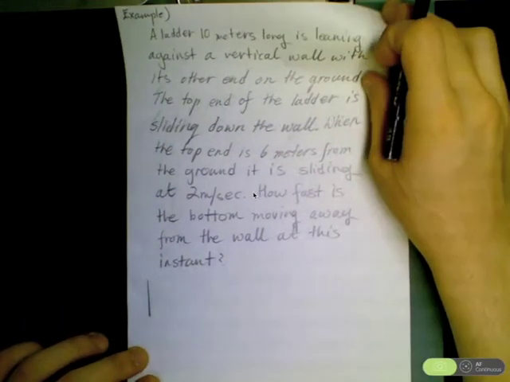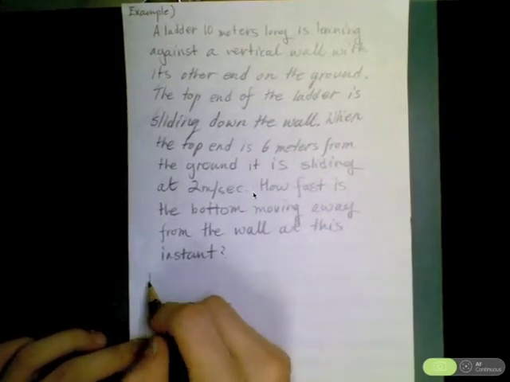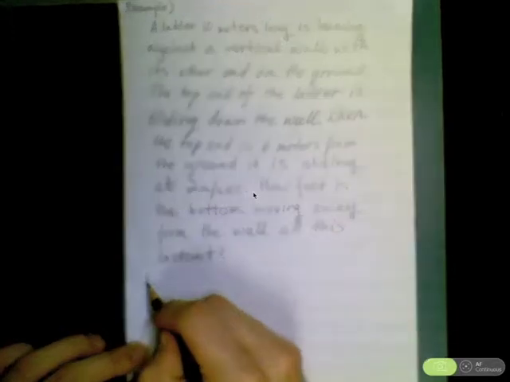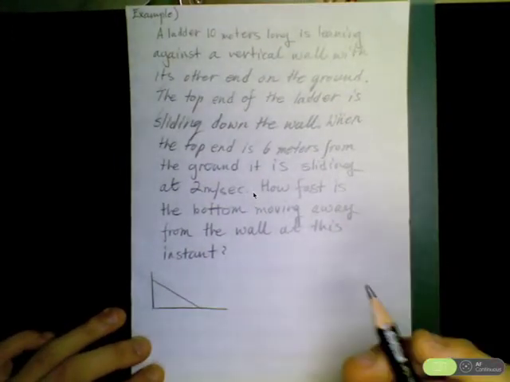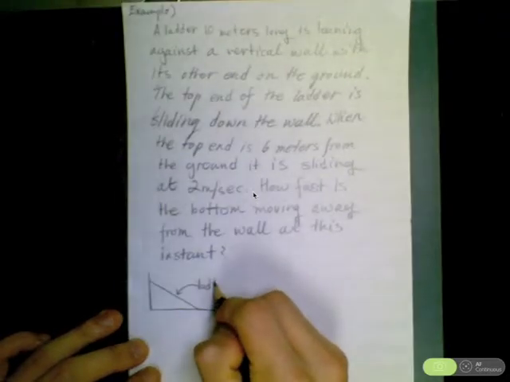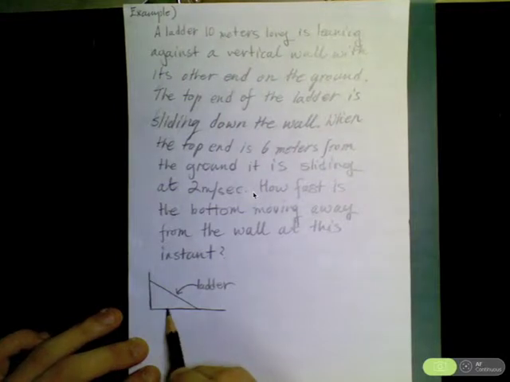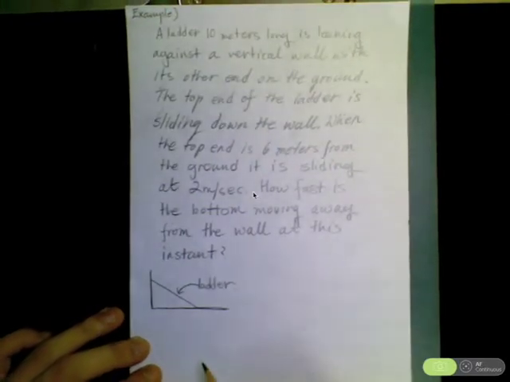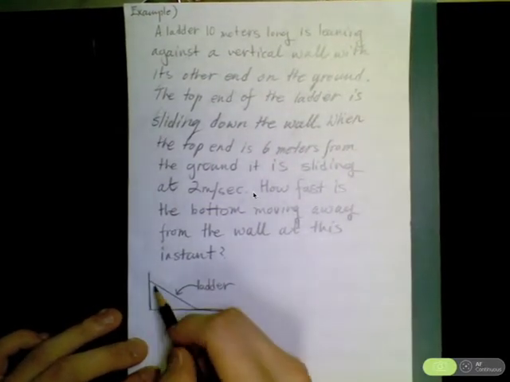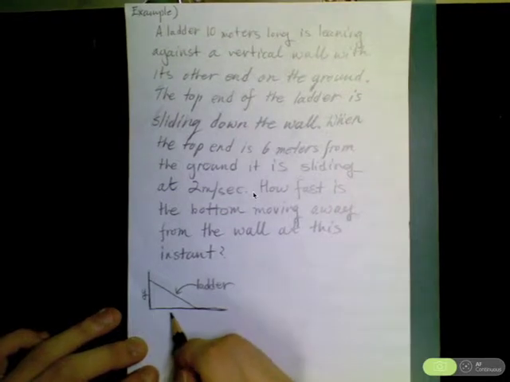This is the ladder, and this is the vertical wall, and this is the ground. For now, let's say the vertical wall is y, and the ground is x.